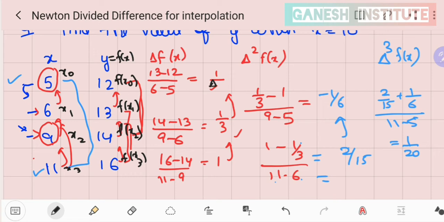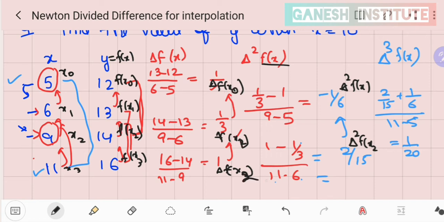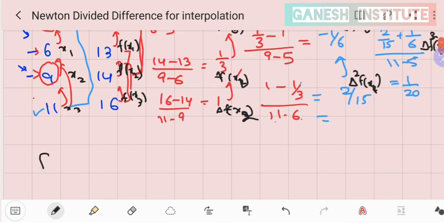This is your del fx1, del fx2, del fx3. This is your del square fx1, because the operator is del square fx2. So this should be x0, x1, x2, and then this is del cube fx0, right?